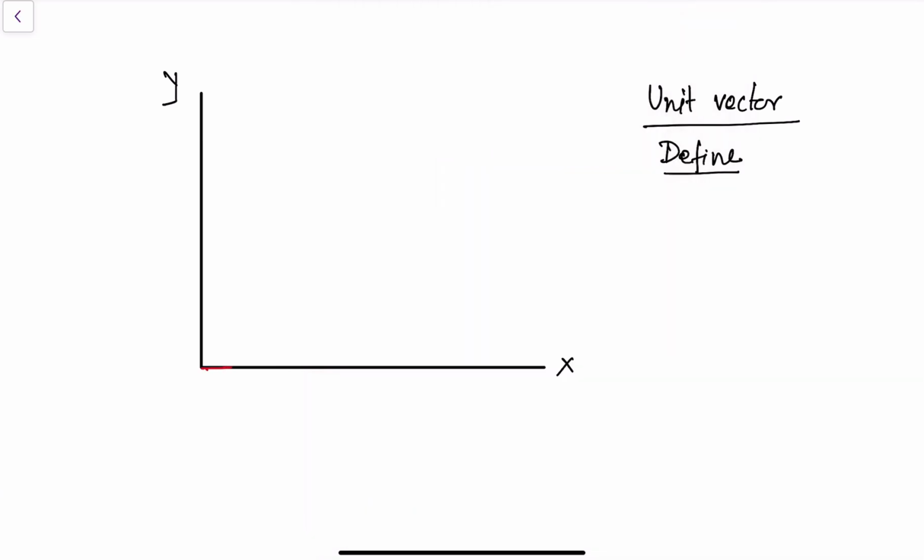So let us define a unit vector in this direction, along the x-axis. Let us call this unit vector I cap. So along the x-axis we will define a unit vector called I cap.